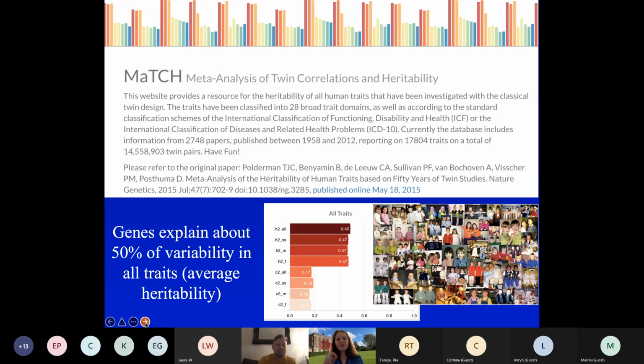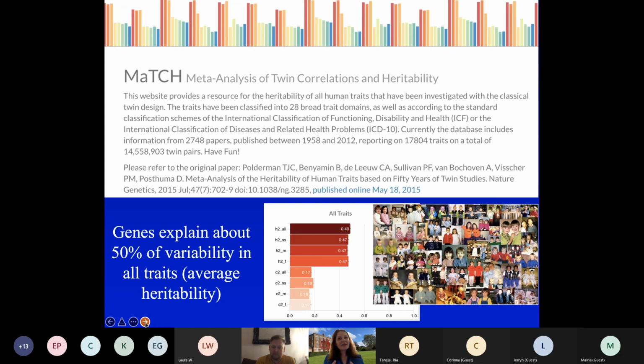What they have shown is that for every one of these traits, both genetic and environmental factors are important for development. And if you put all human traits together, which you can do on this interactive website, you get an answer that I reflected here on the graph: on average, genes explain about 50% of variability in all human traits, which means that the other half of variability is explained by environments.